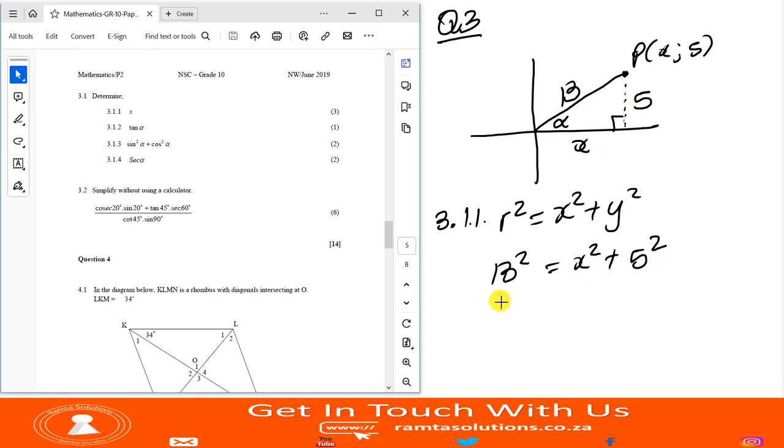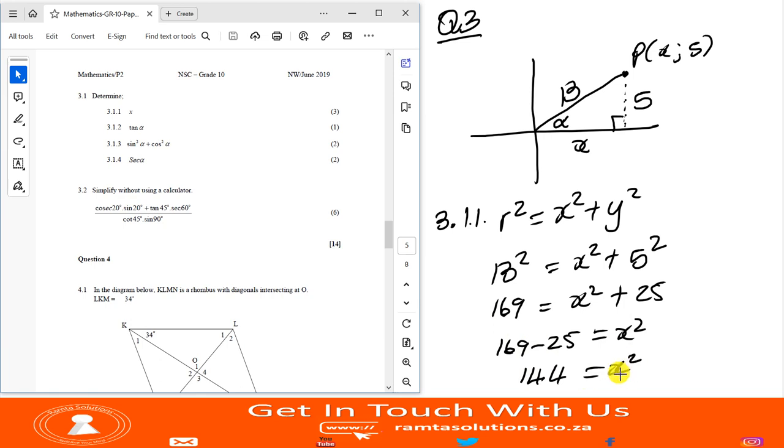Now, 169 equals x squared plus 25. So 169 minus 25 equals x squared. So this is 144 equals x squared. Happy? Good.